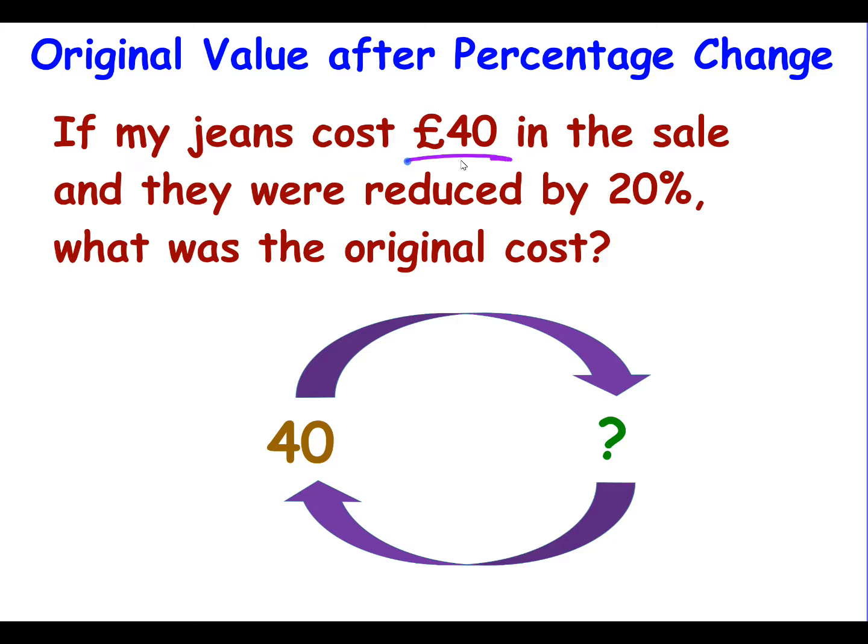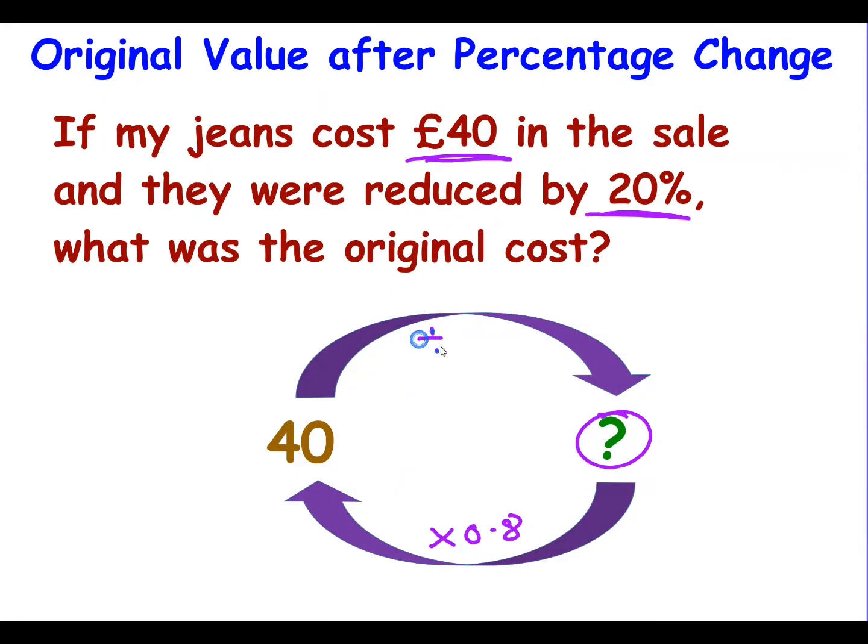If my jeans cost £40 in the sales and they were reduced by 20%, what was the original cost? So I have my original amount that I'm trying to find, and I know they're now worth £40. So this original amount was reduced by 20%. So this amount was multiplied by 0.8. So in order to work out the original amount, we have to take the 40 and come the other way.